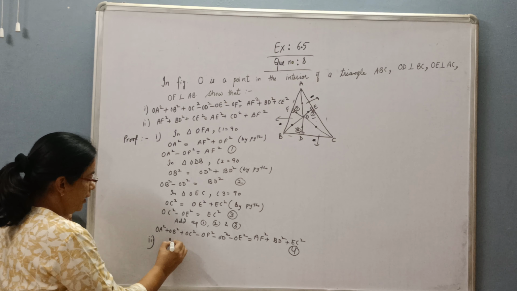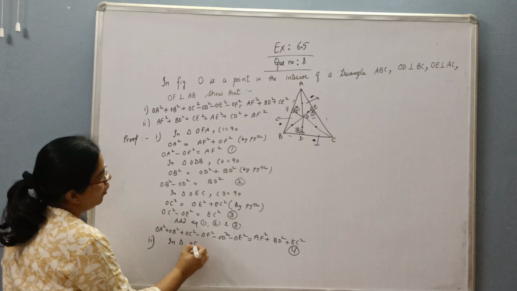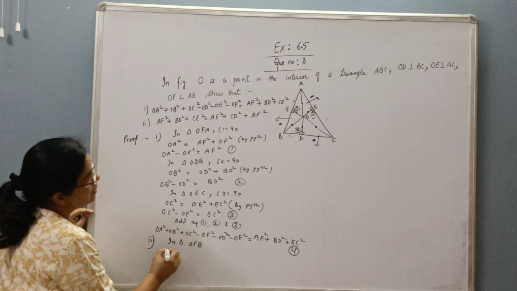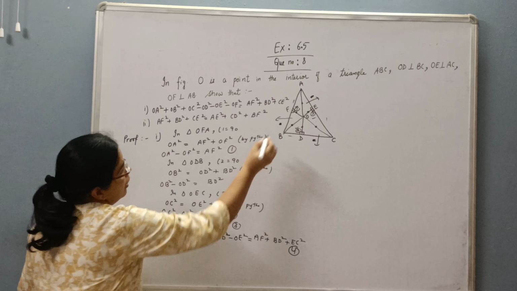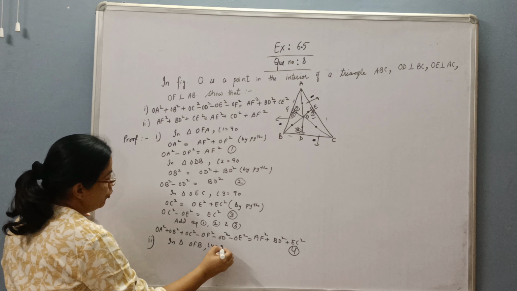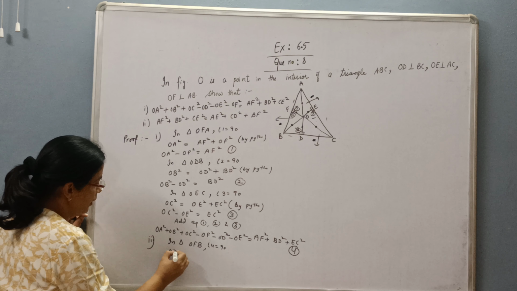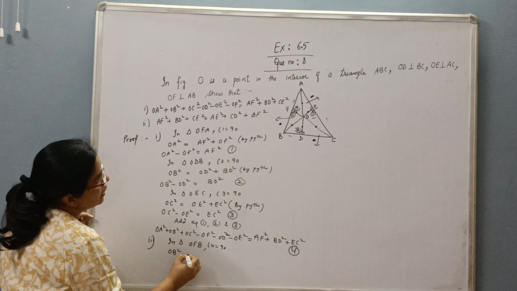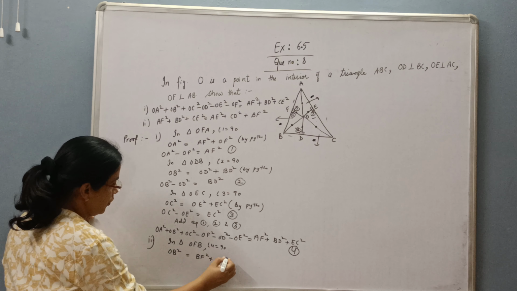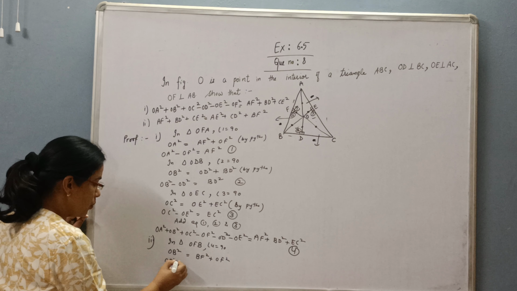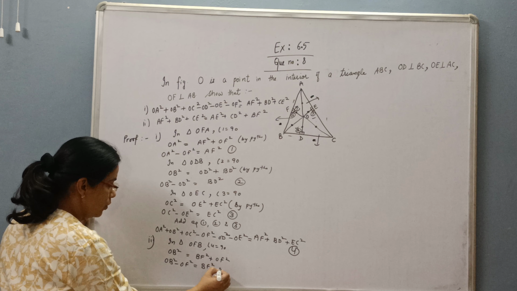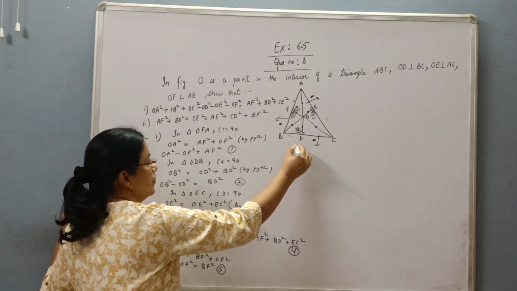So first of all, in triangle OFB, angle 4 is 90 degrees, so we can apply Pythagoras: OB square is equal to BF square plus OF square. Or you can write OB square minus OF square is equal to BF square. This is equation number 5.